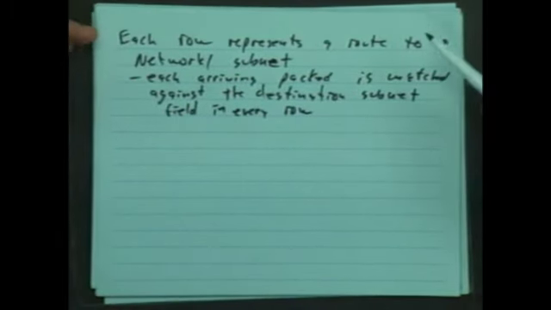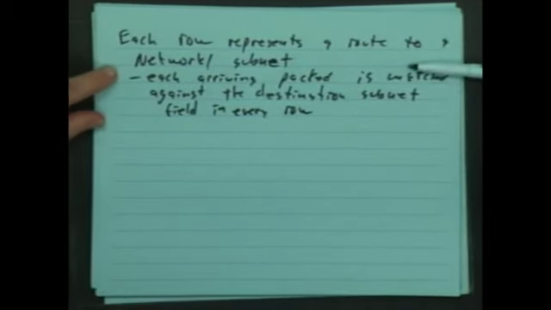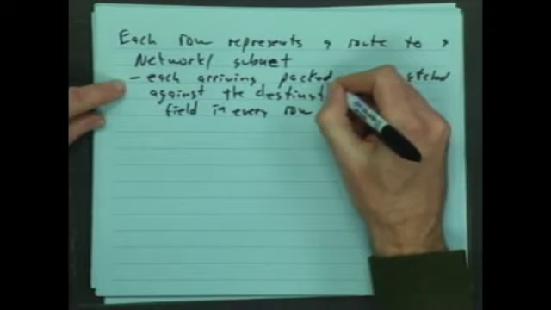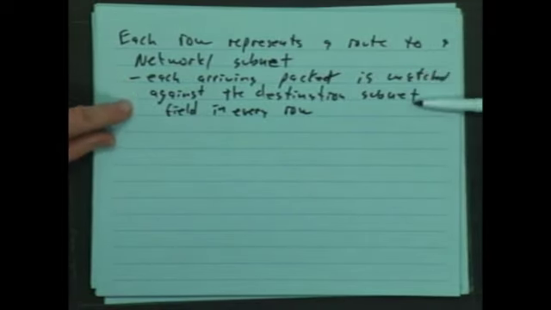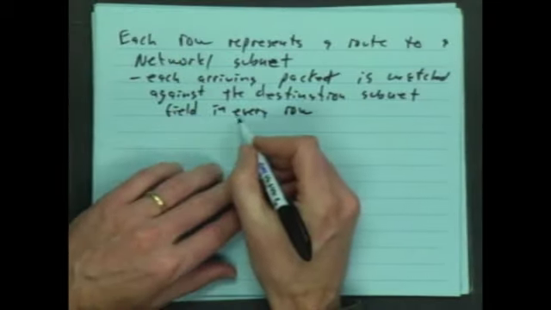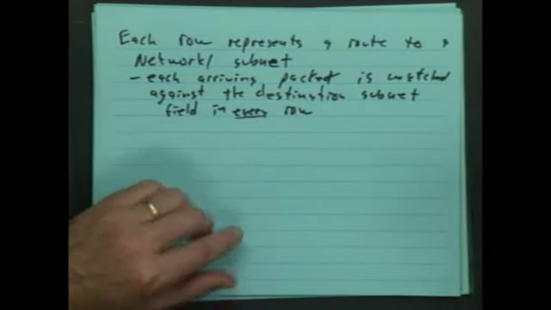All right, so the bottom line here is all of the rows in the router are put there being the route, sort of how you get to these various networks and subnets. When the packet comes in, each arriving packet is going to be matched against the destination subnet field in every row. Okay, the router goes through the whole table.